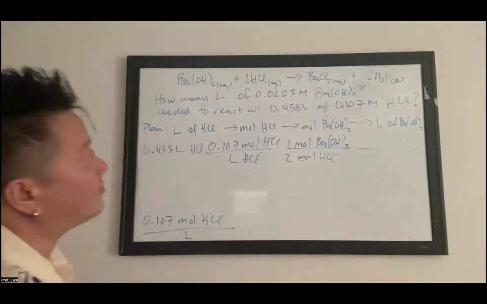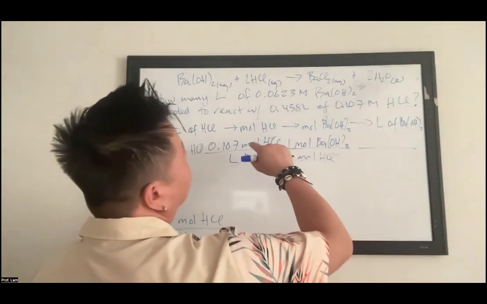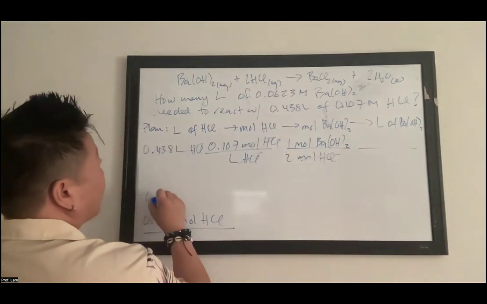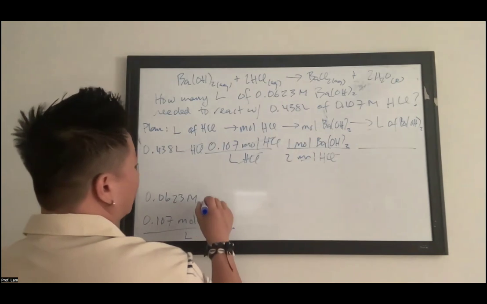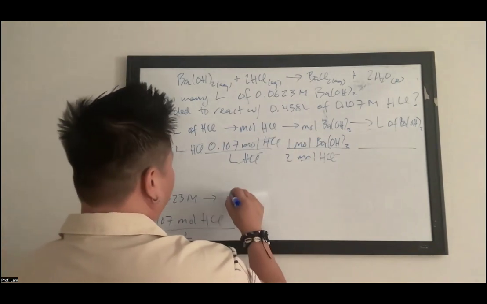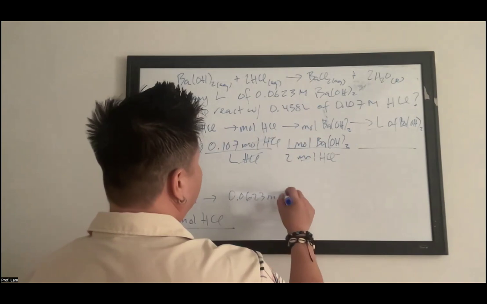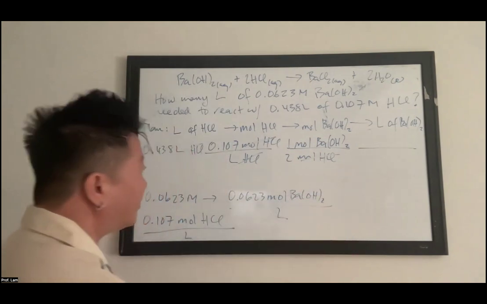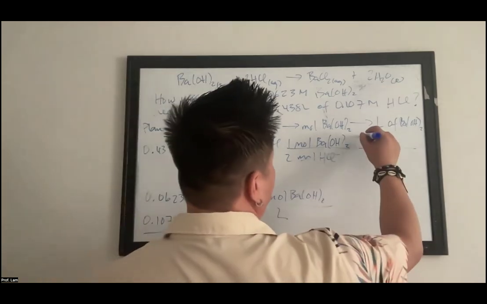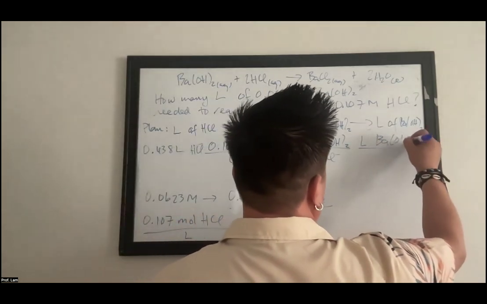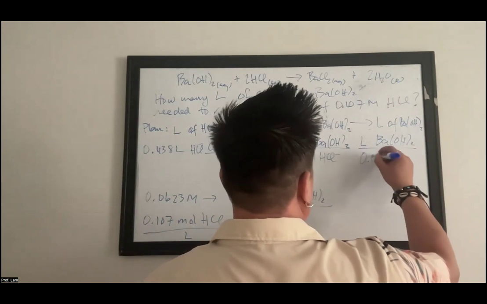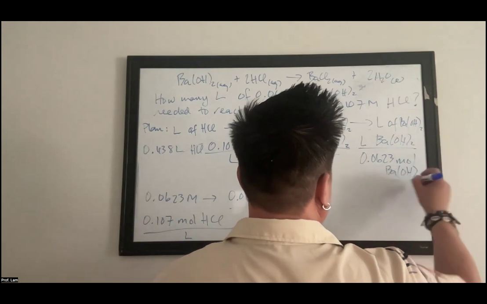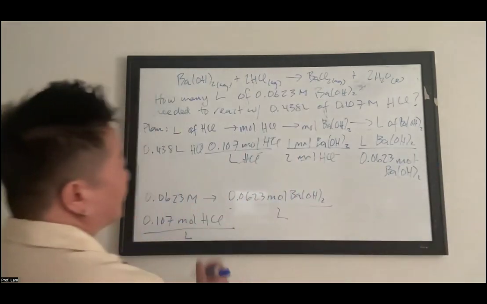And then for the volume, you want liters on top. And here's the molarity. So 0.0623 molar is 0.0623 moles of barium hydroxide over liter. So that's liter of barium hydroxide on top over 0.0623 moles of barium hydroxide on the bottom.